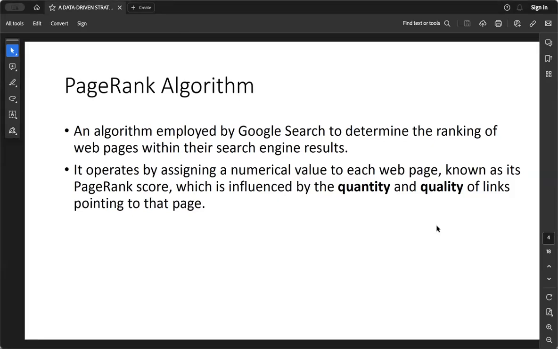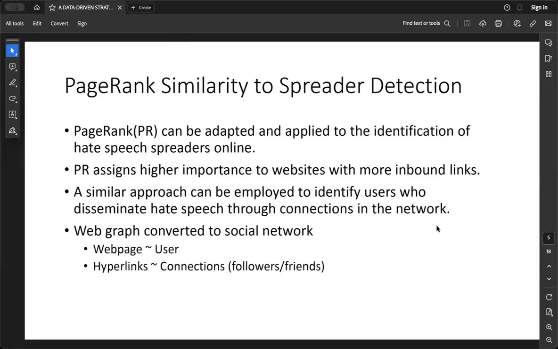The way it works is it operates by assigning a numerical value to each web page, known as the PageRank score, and that rank actually conveys the importance of how good that web page is in terms of quantity and quality of links that point to that page. So this motivated us to try and draw a similarity between PageRank and spreader detection.